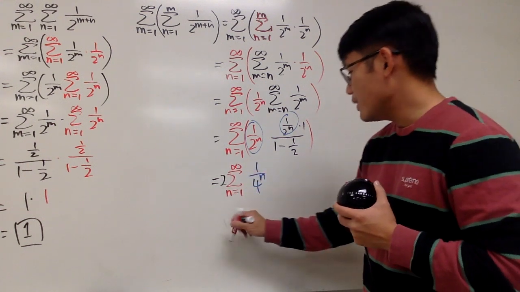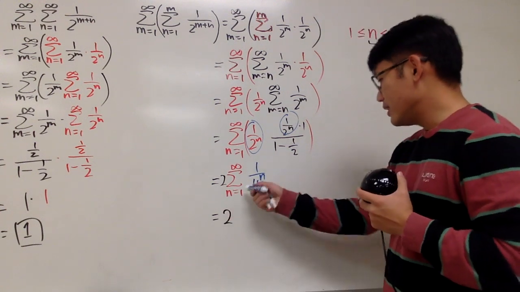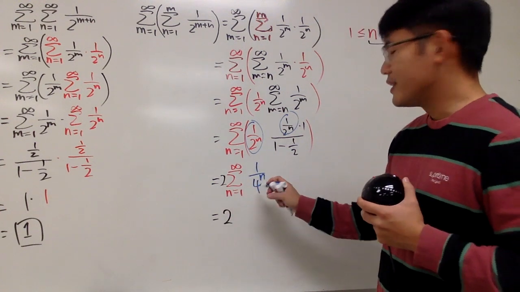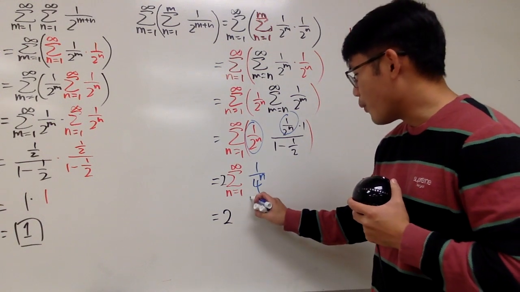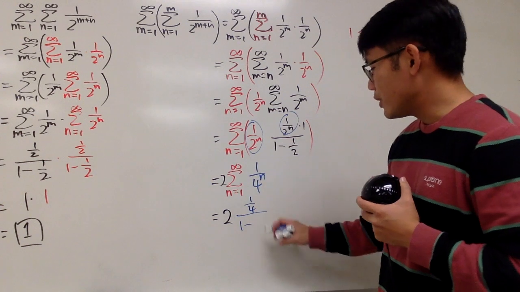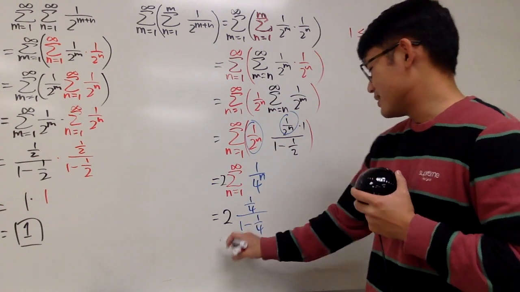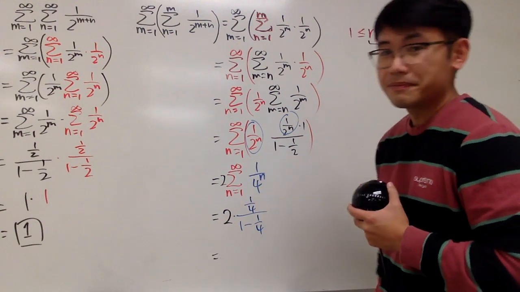Anyway, for this guy, we will have the following. This is 2. Okay, I'll do this in blue. Put a 1 here for the first term. So we have 1 over 4 divided by 1 minus the common ratio, which here is 1 over 4. So we have this part right here. And now let's see if I can do fractions.